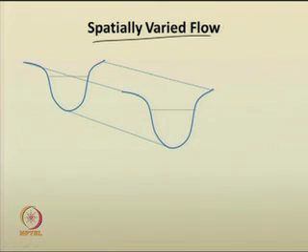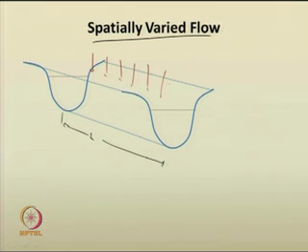Say, in this non-prismatic channel, if this is the reach of the channel that we are taking into consideration, and between this reach certain quantities of water are added, then the discharge from this section will be higher compared to this section, isn't it?